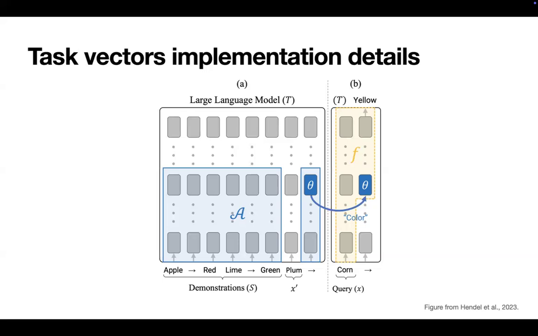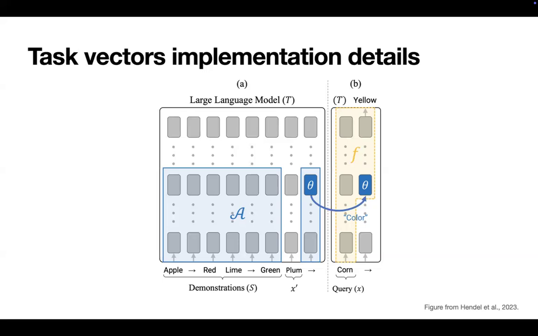This is how we extract the task vector given a large language model. For example, for the copy task, we can have 100 prompts, and we use these 100 prompts to extract the task vector of the copy task. And we have another task, and we use 100 prompts to extract the task vector of that task.